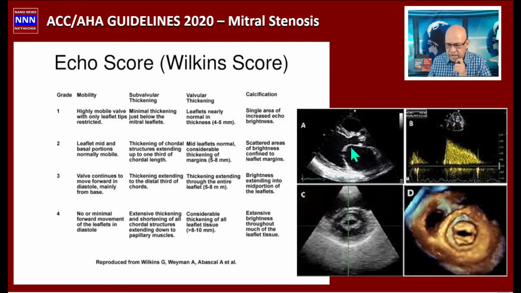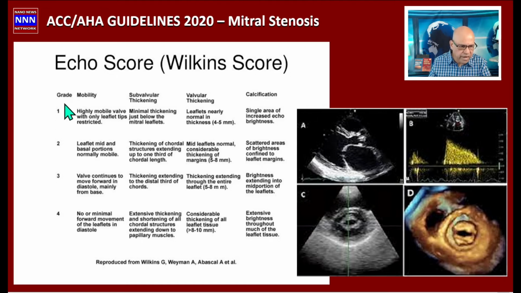So we talk about leaflet thickness, leaflet mobility, and leaflet doming, which also comes into play, and of course the calcification. In the degenerative, elderly population with mitral stenosis, calcification is a major issue. In the younger population, it's mostly related to leaflet thickening, leaflet adherence, and decreased leaflet mobility. So those are the things.